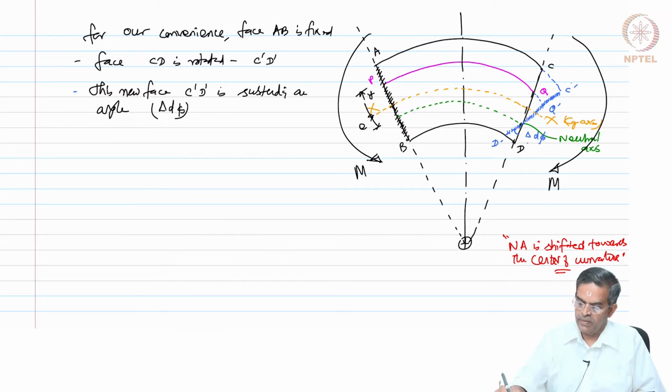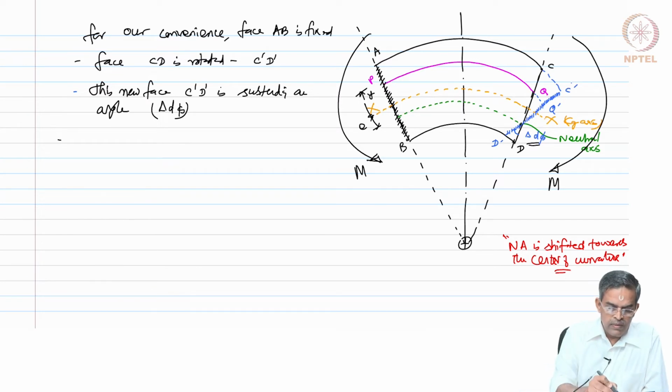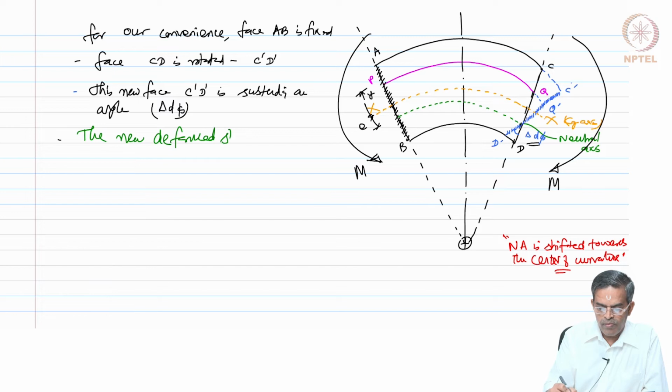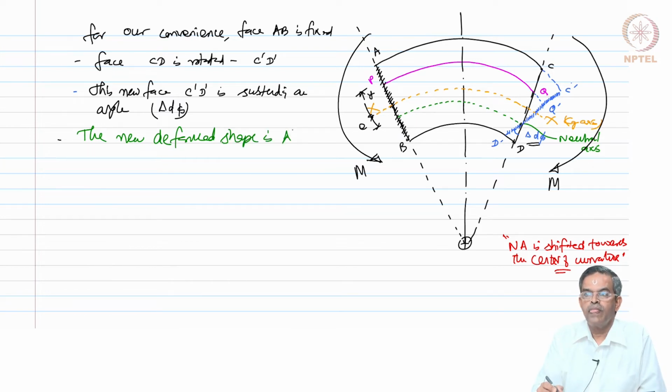Okay, I mark this angle. Okay. Now I can say the new deformed shape is A, B, C dash, D dash. I think this is okay. There is no confusion in that.